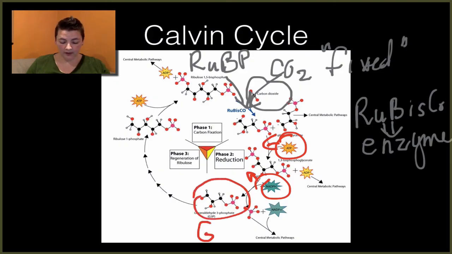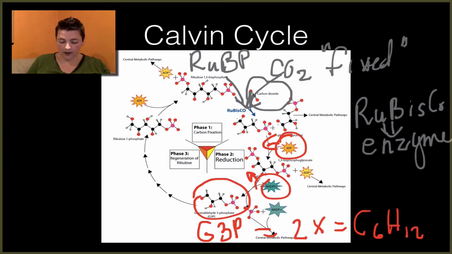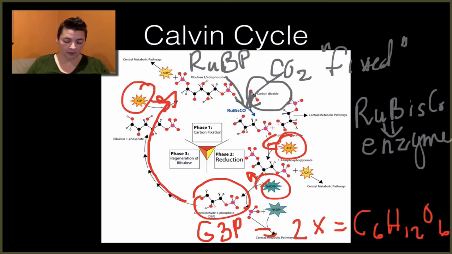We generate G3P, which is our 3-carbon molecule, which when we add 2 G3Ps together, we're going to get our glucose molecule. And then we have to regenerate RUBP, so we need to put in some more ATP. Let me go ahead and redraw this for you to be a little bit more clear.